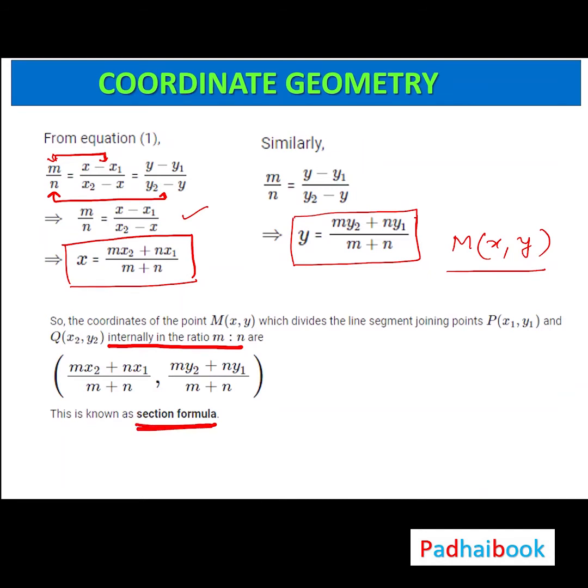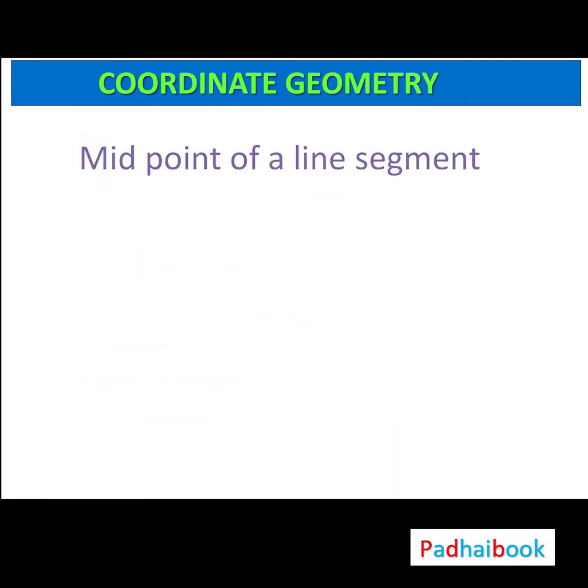Right? Now a particular case of the section formula I am going to take. That means the midpoint of a line segment. Let's say here I have a line segment AB such that the coordinates of A are (x1, y1) and the coordinates of the point B are (x2, y2).